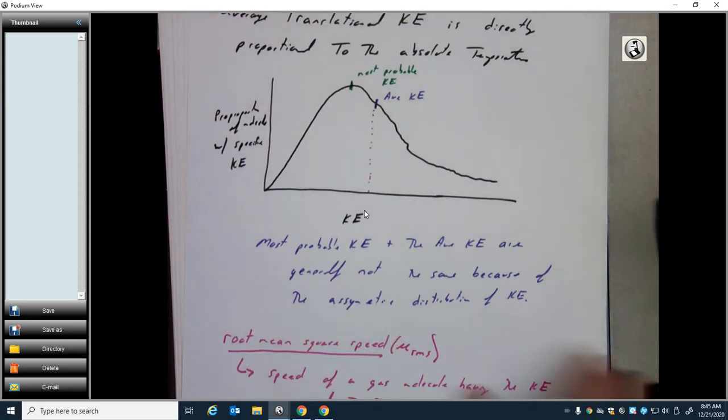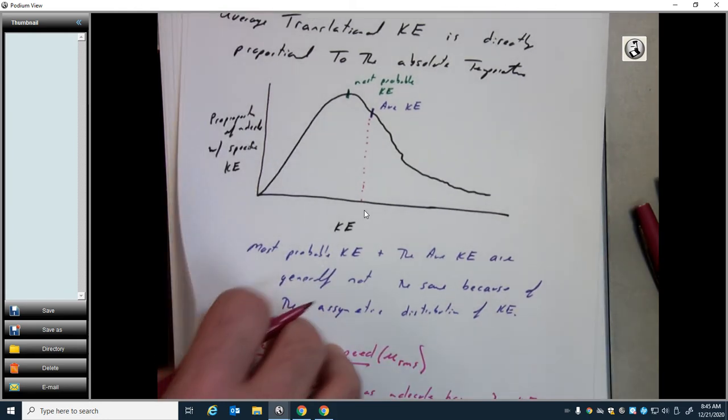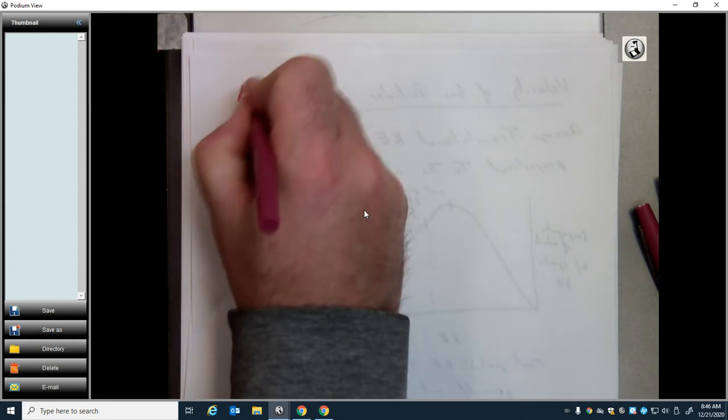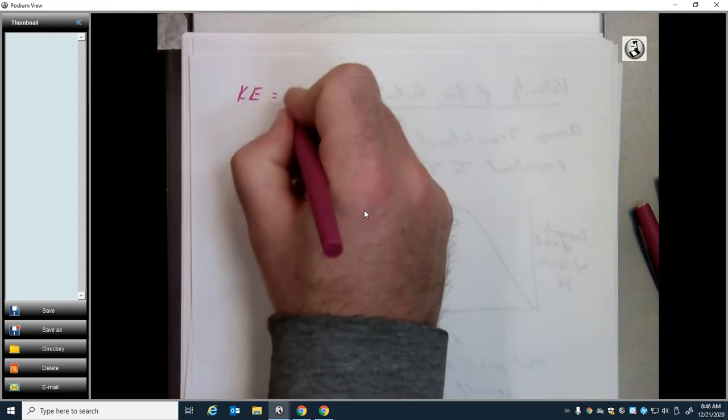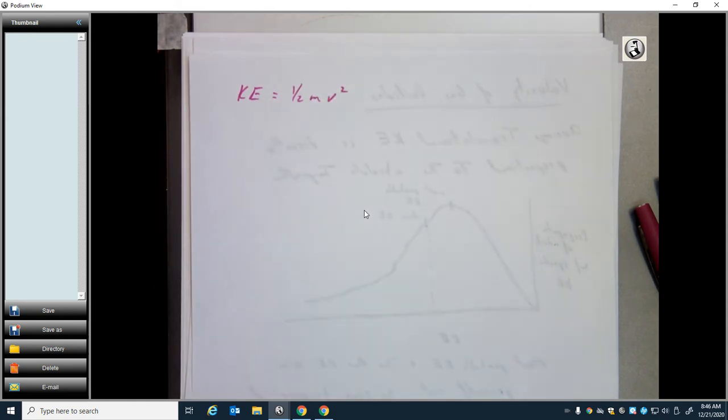All right. So we know we have a formula for kinetic energy. We know that KE is equal to 1/2 the mass times the velocity squared.